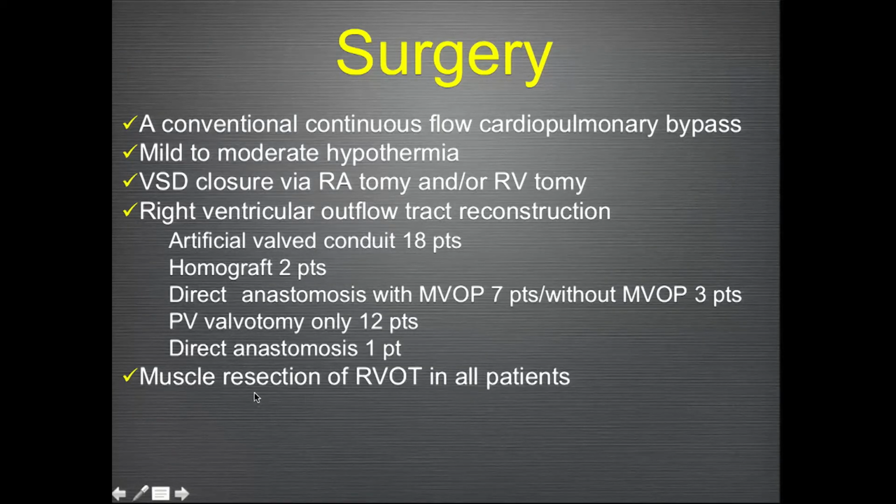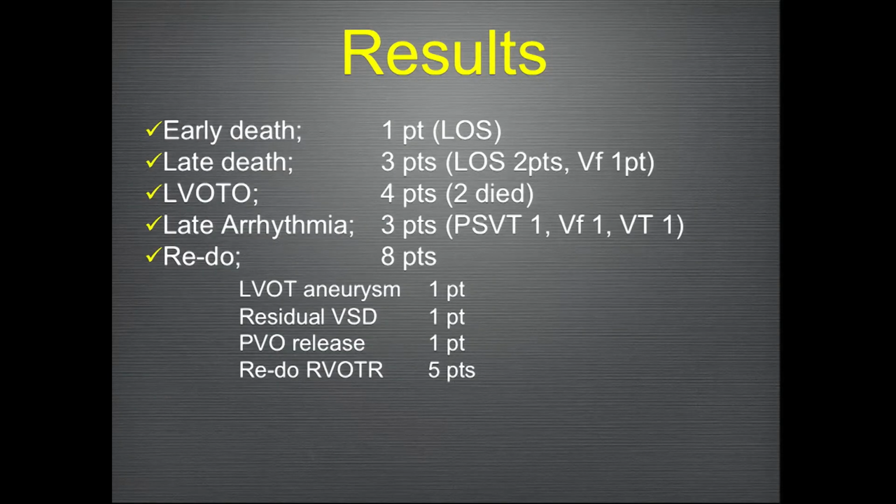In some cases there was muscular resection, in all cases muscle resection of the right ventricular outflow tract. There was one early death, a rate of less than 3%, and some cases of low output syndrome, and one case of arrhythmia after that.